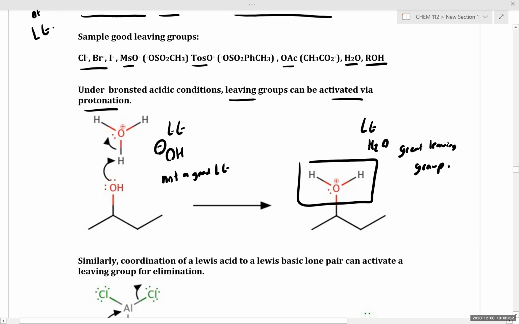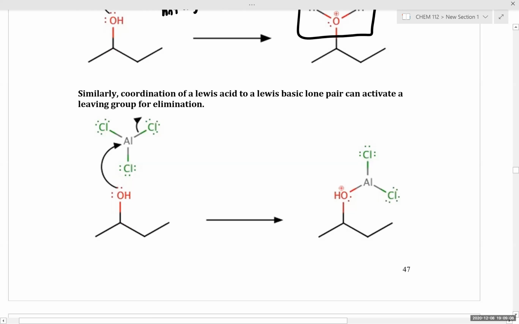So running reactions under Bronsted acidic conditions can activate leaving groups and can help accelerate the rate of SN1 reactions, all things being equal. So this is one method of activating your leaving group. The other method, which is slightly more sophisticated but works through the same principle, is that coordination of a Lewis acid to a Lewis basic lone pair can activate a leaving group for elimination or activate it for SN1 reaction. Now, this can either be a coordination process or a direct formation of a bond.